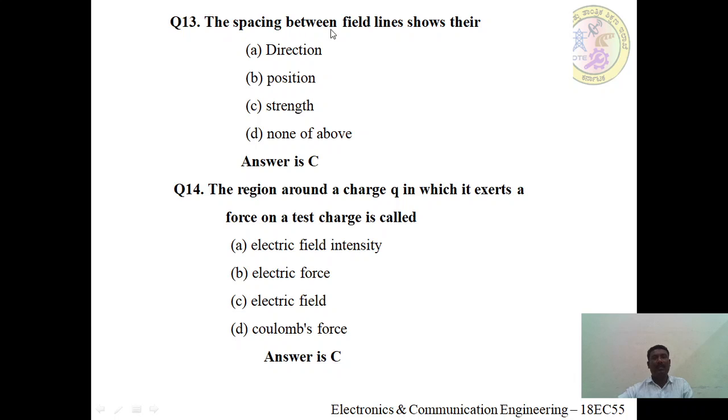The spacing between the field lines shows the strength of the field. The region around a charge Q in which it exerts a force on a test charge is called an electric field.